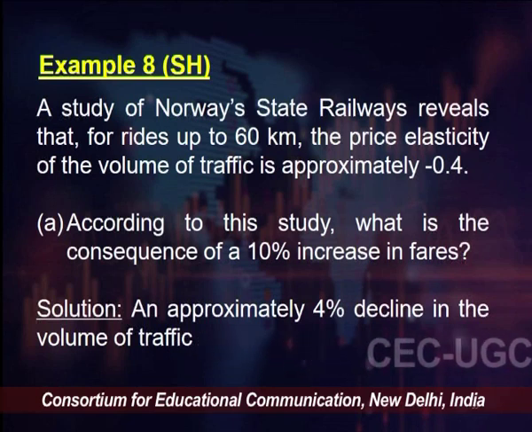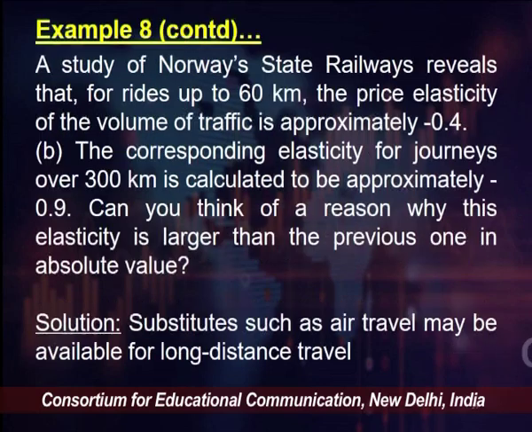Now, the study further reveals that for journeys over 300 kilometers, the corresponding elasticity is approximately minus 0.9. So for longer journeys, the elasticity is larger in absolute value than for shorter journeys. The question asks you, could you think of a reason why the elasticity is larger for longer journeys vis-a-vis shorter journeys?